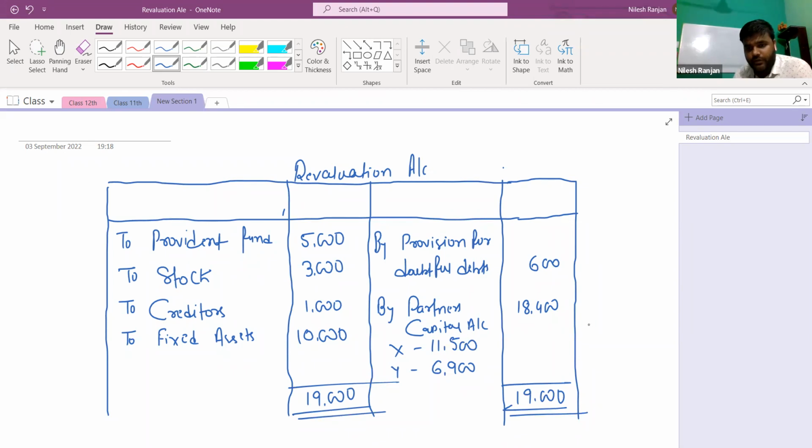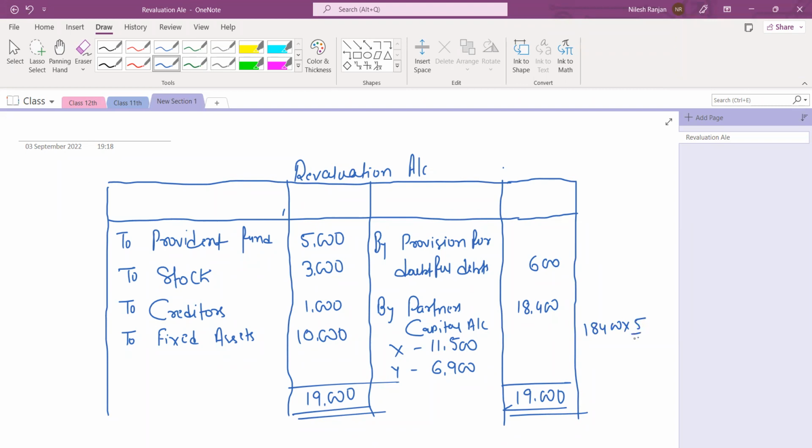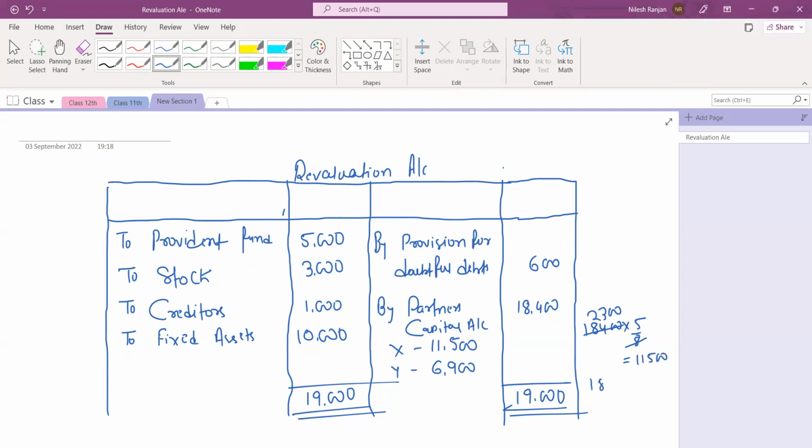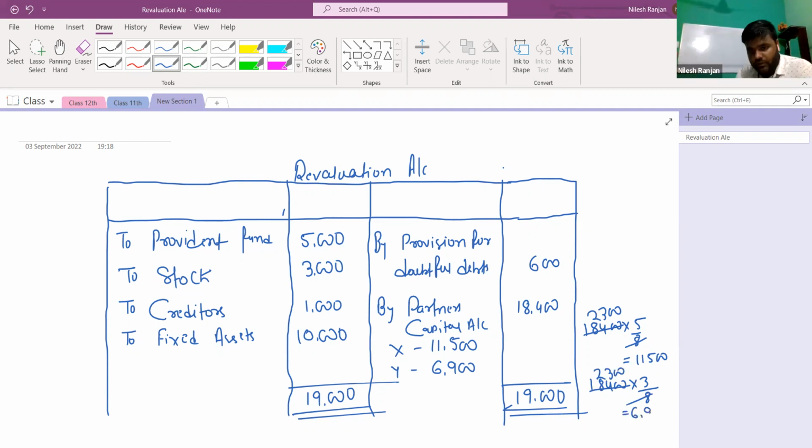So if we distribute 18,400 into 5 by 8, it will be 11,500, and 6,900. Yes, sir.